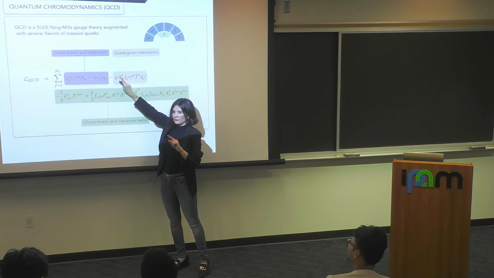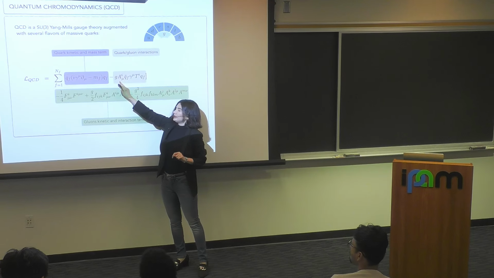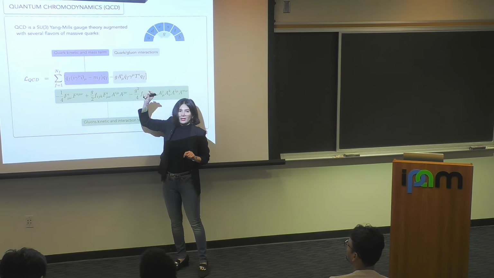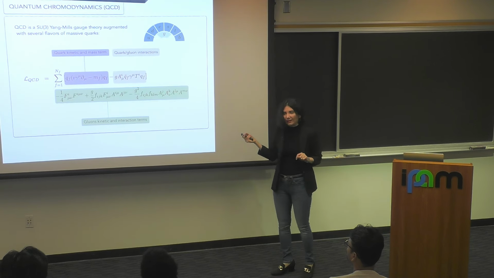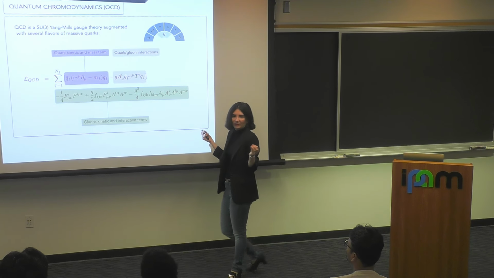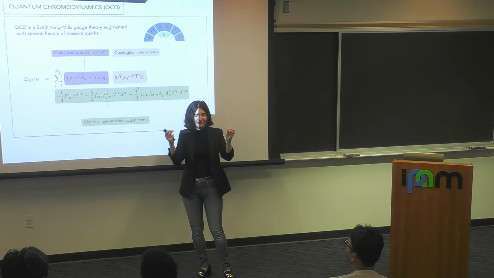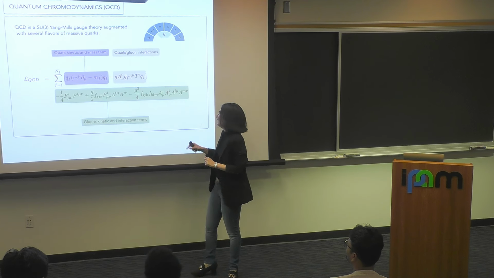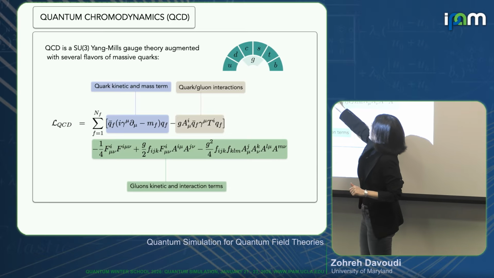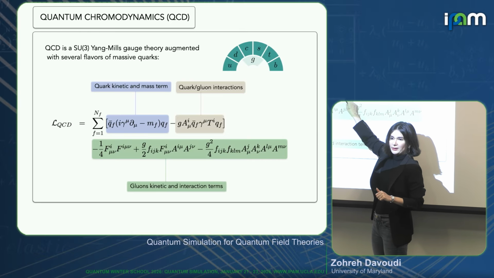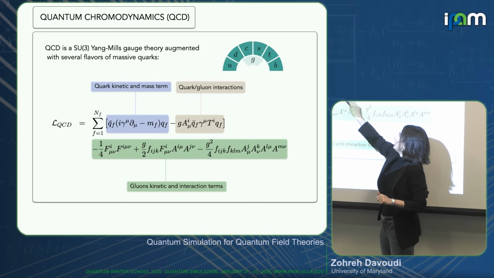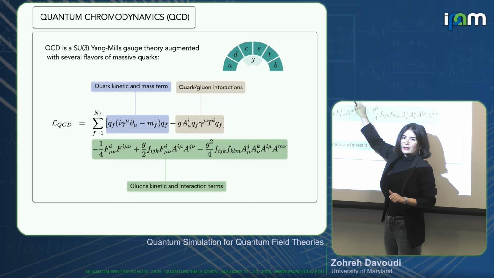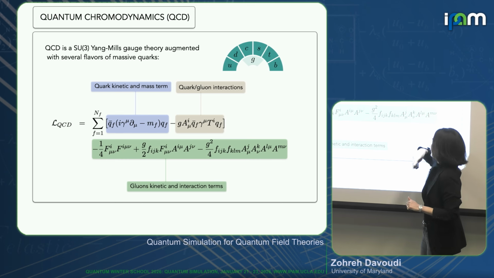For SU(3), there are eight gluons, and there are three types of colors, and that's why it's called chromodynamics. So there are three different colors. Each of these quarks has a flavor, but it also has a color associated with it. And there are eight types of gluons, associated with the eight generators of SU(3).